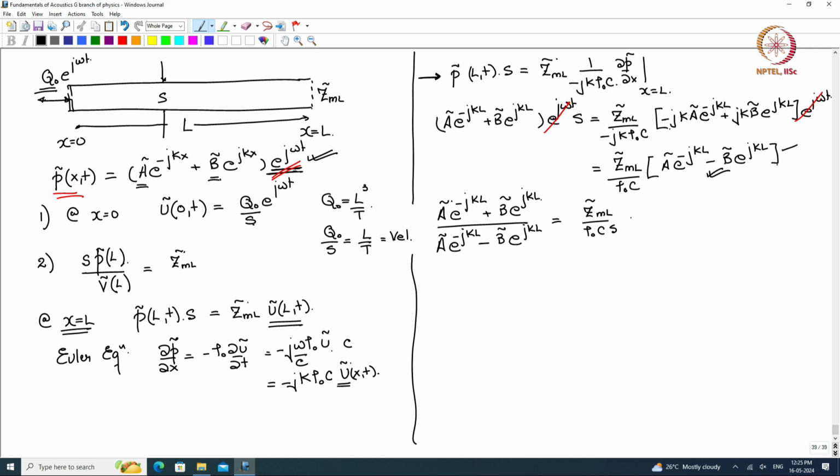So if I do numerator minus denominator, I get twice B tilde e to the power of j k L. If I divide by numerator plus denominator, I get twice A tilde e to the power of minus j k L, and then the same thing, Z m L tilde by Z m L tilde plus rho 0 c S.